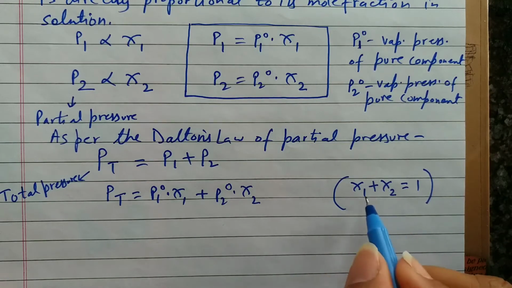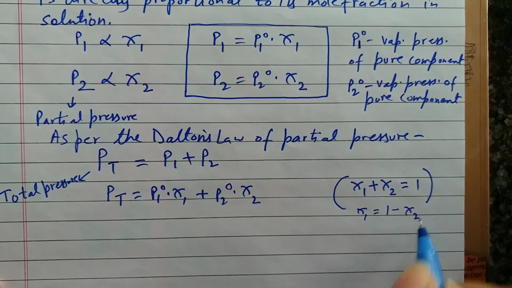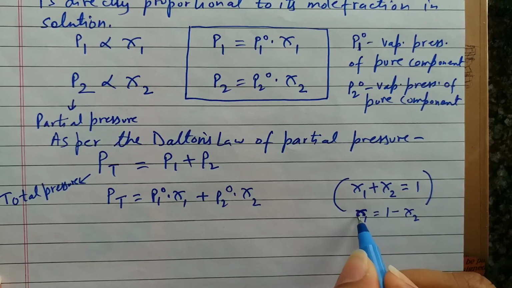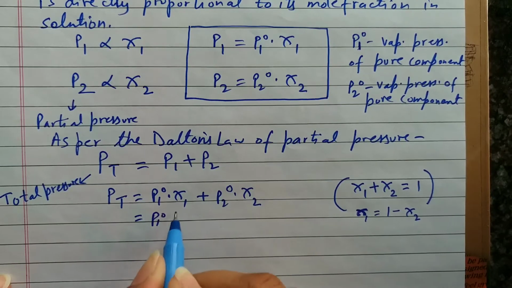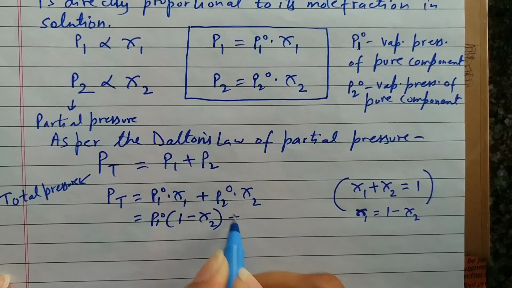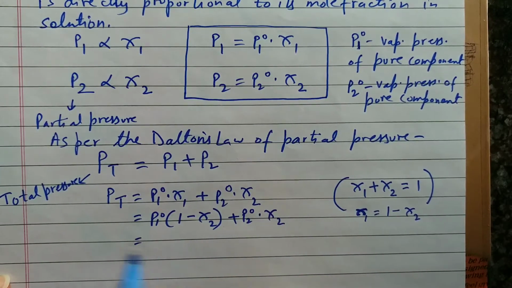So if I replace chi1, what will be chi1 from here? Chi1 will be 1 minus chi2. So I'm going to do that. I will be replacing chi1 in this expression now. So P1 naught into chi1 can be written as 1 minus chi2 plus the same thing, that is P2 naught into chi2. Let's multiply.